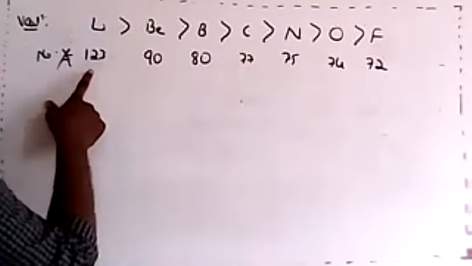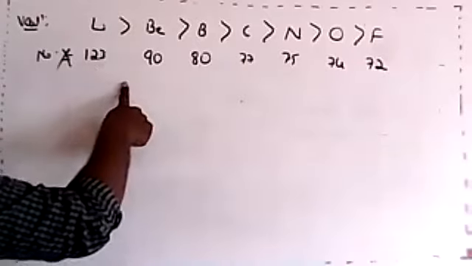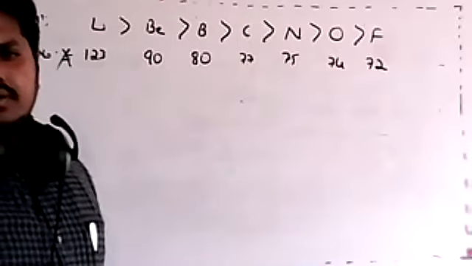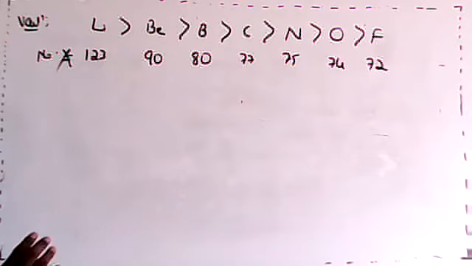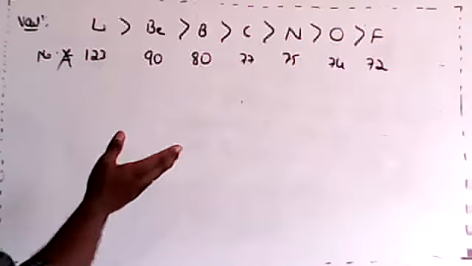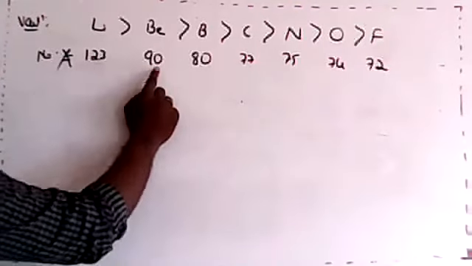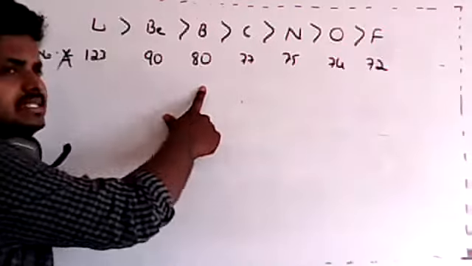See this: the atomic radius of lithium is larger, in picometers. In a different book, it might be given as a slightly different value, dear students, so don't worry about the value. But let's understand one point here. When you go from lithium to beryllium, size decreases. From beryllium to boron, size decreases.